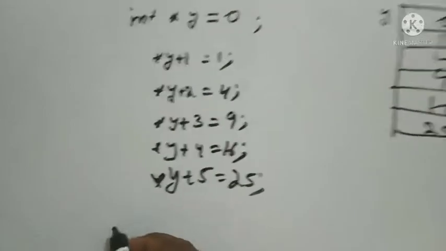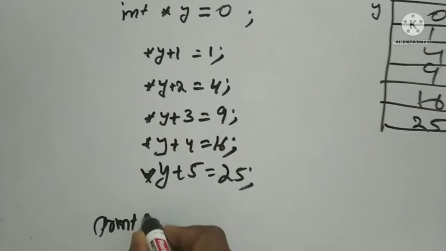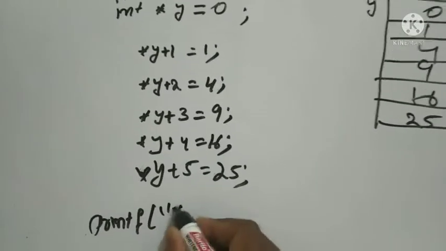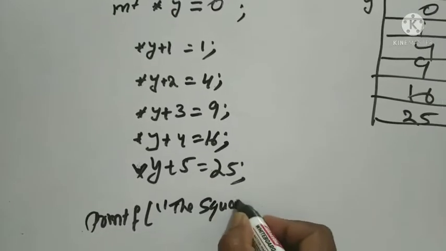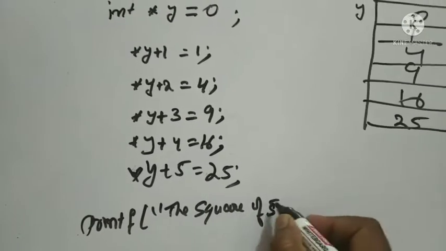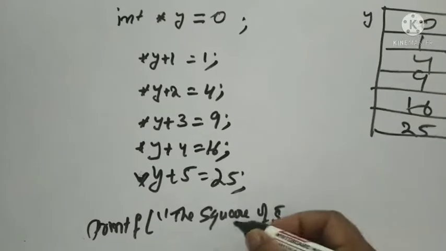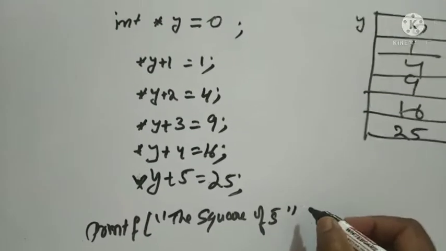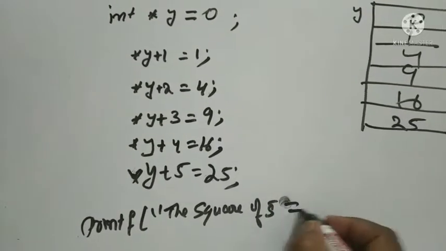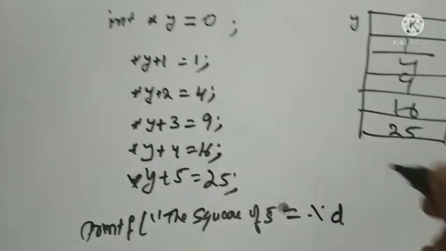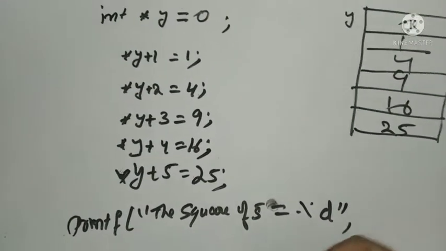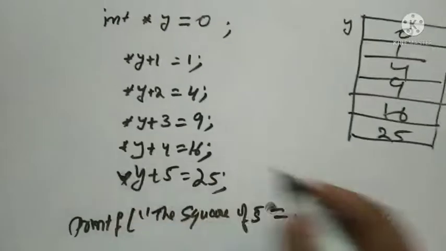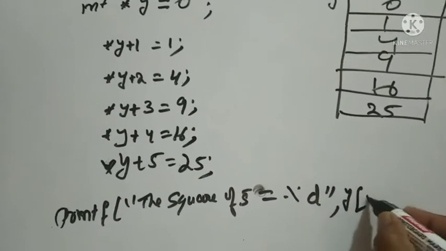If I want to know some value, printf, the square of 5. I will write square of 5 is equal to %d, comma, here we want the 5th position, y of 5.